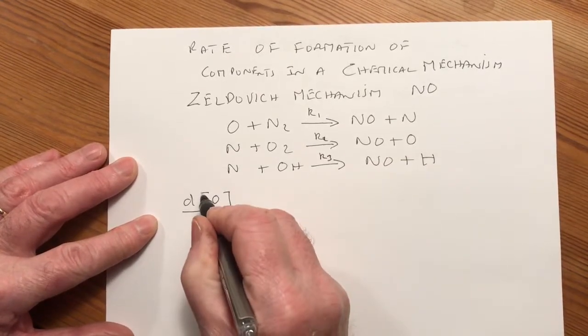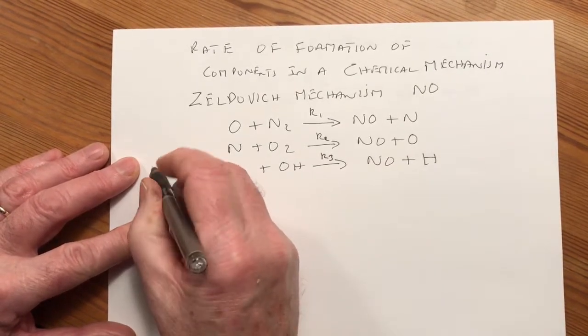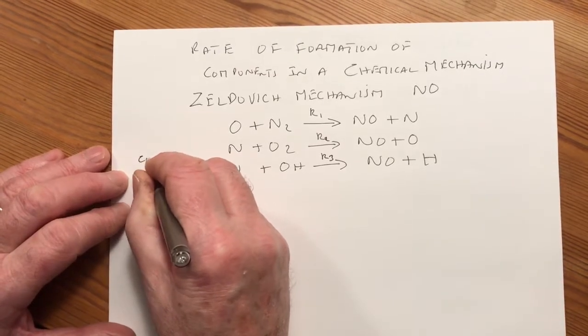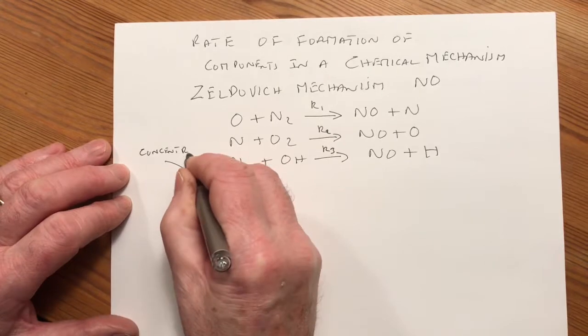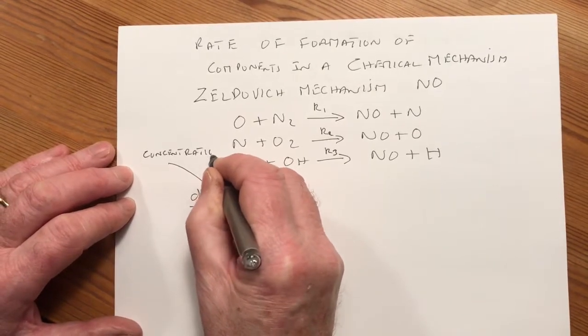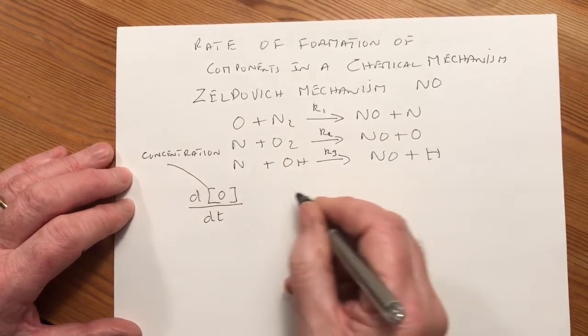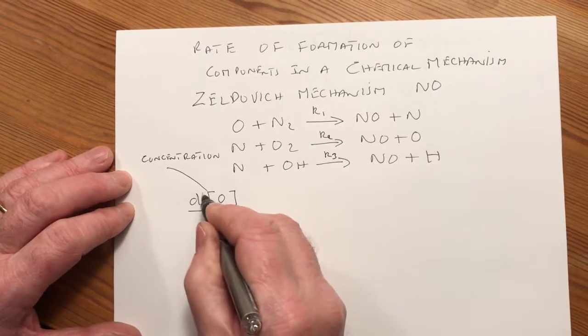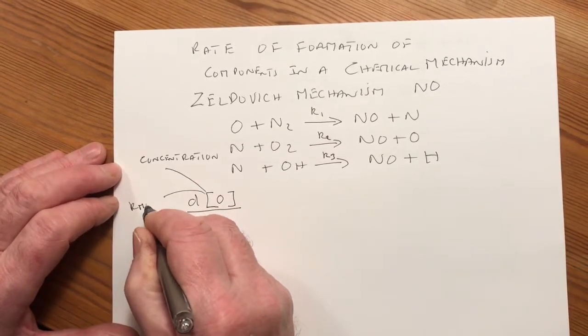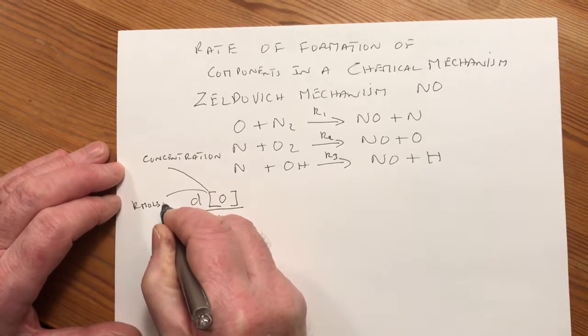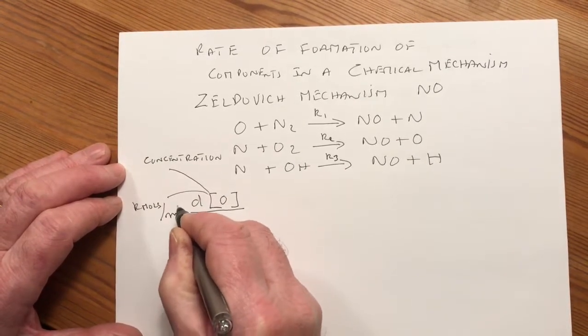This square bracket indicates concentration, and the units of this are kilomoles per cubic meter.